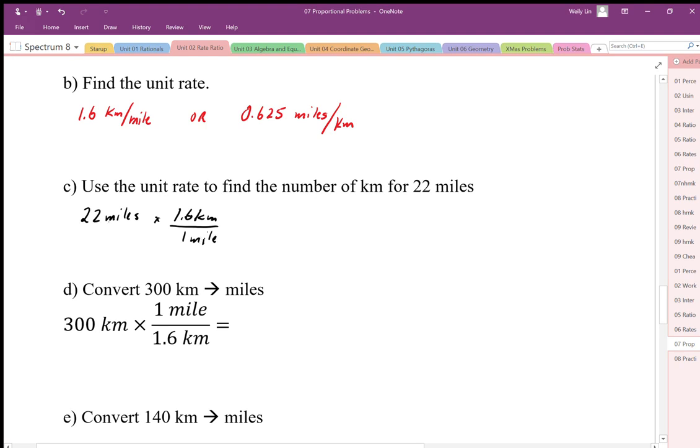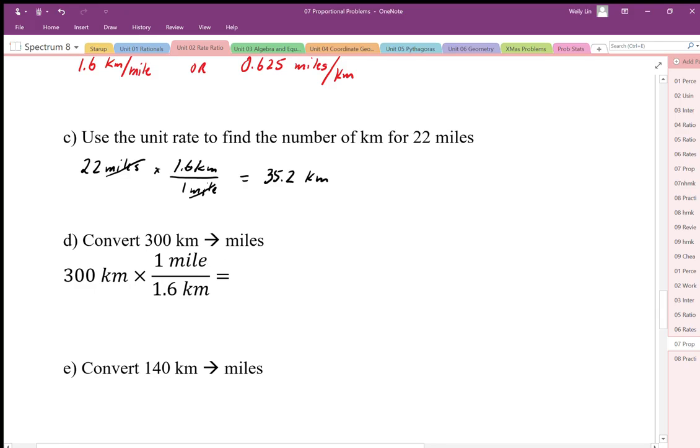They are what we call reciprocal ratios. One is a times, the other one is a divide, but we end up with the exact same answer. So 22 times 1.6 gives us 35.2 kilometers, and we know those are the kilometers units that are left when we do this.